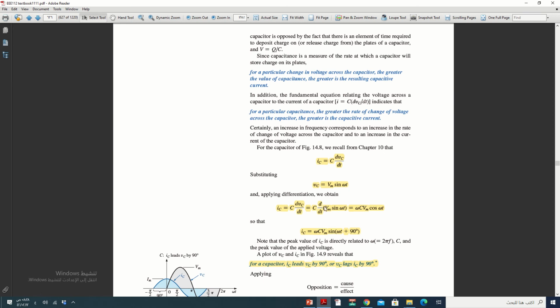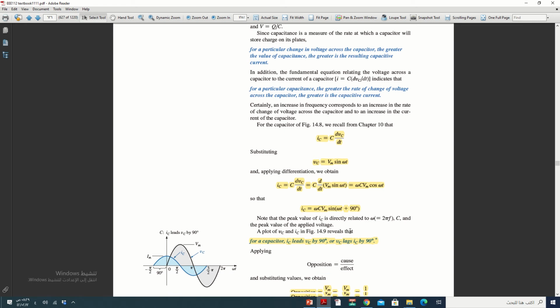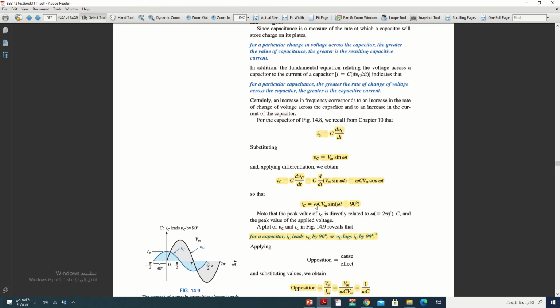If we differentiate it, Vm goes outside, and this becomes cosine omega t times omega, with omega going outside with the constant. We need to convert cosine to sine, which is sine omega t plus 90 from math. This is the peak, and this is the shift.